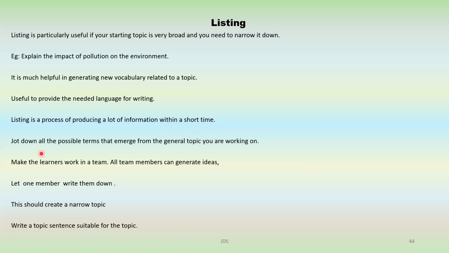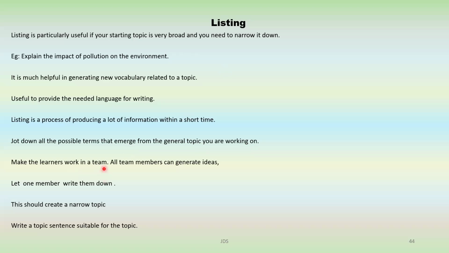Jot down all the possible terms that emerge from the general topic you are working on. Make learners work in a team, right? So it's very important to make them work as a group. It's a team effort. Listing is not effective when it's done individually.